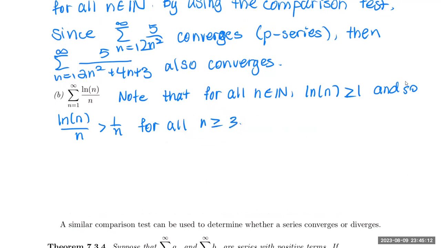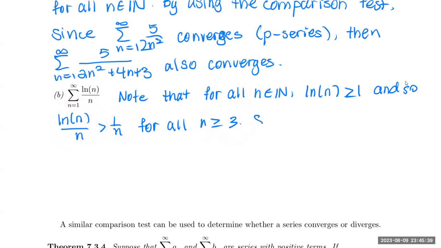Because we have ln of 3 divided by 3, and when it's 1, clearly this is not going to be larger than that. So there are some parts where it's not going to be larger. So this value is going to be larger than 1 divided by n when n is larger than 3.